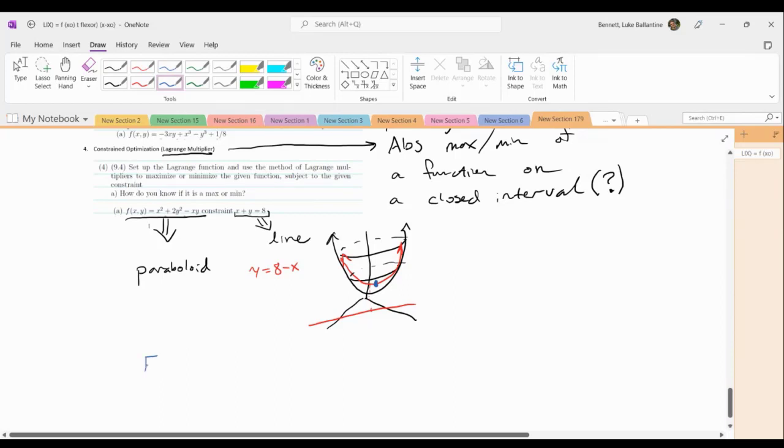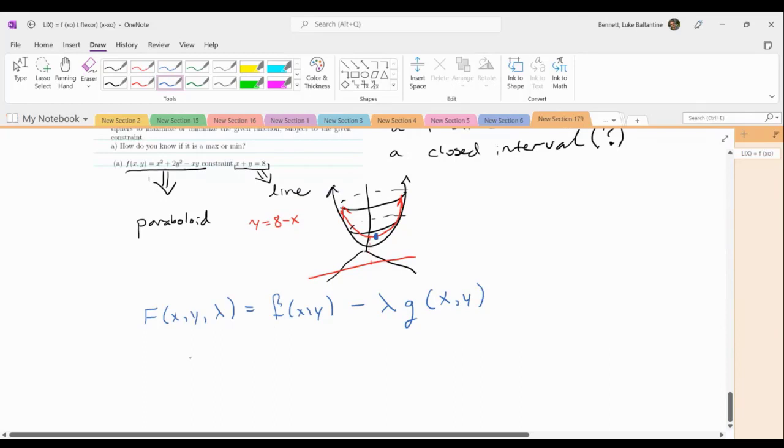So well, we have F(x, y, lambda) equals f(x, y) minus lambda g(x, y), and then we take some derivatives.